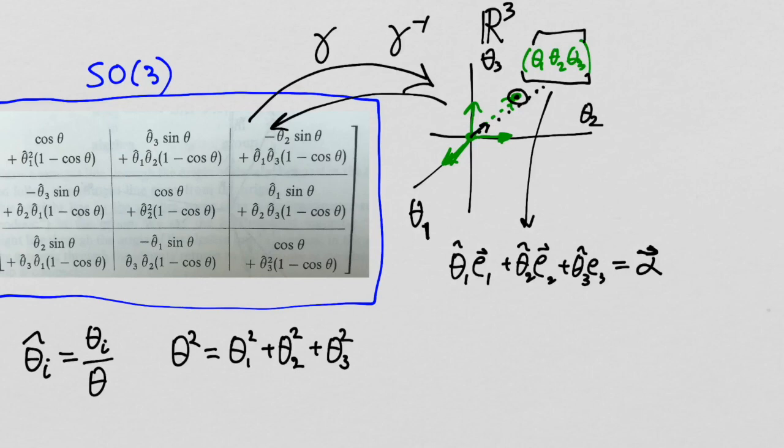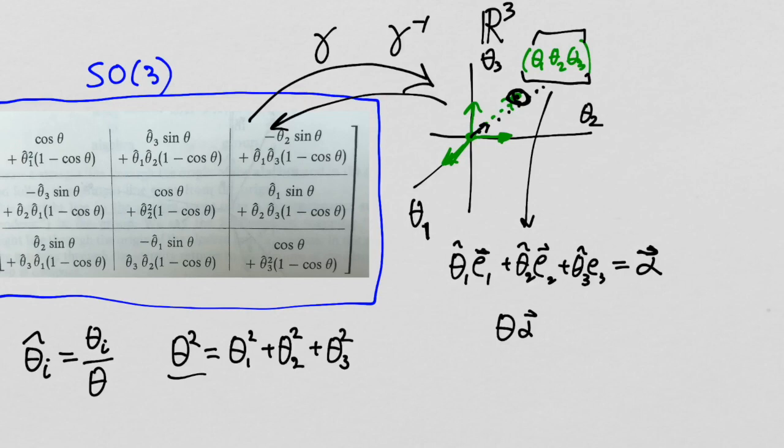Now, to really zero in on where that point is, I not only need the unit vector, but I need the magnitude. The magnitude is clearly just theta. So the actual location of this point in this space would be theta times the vector alpha.